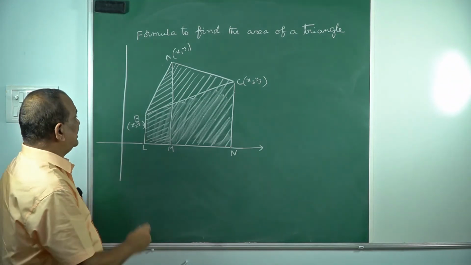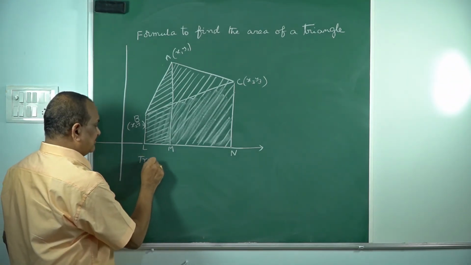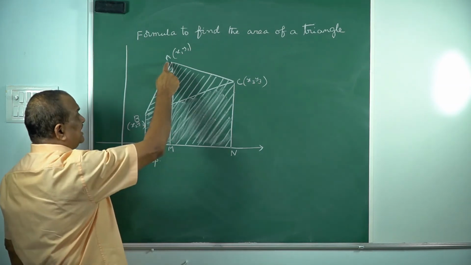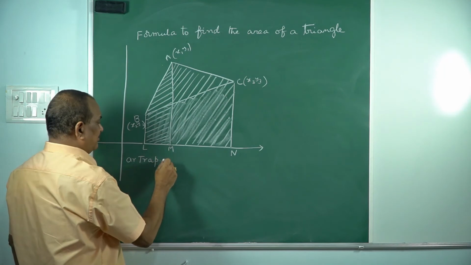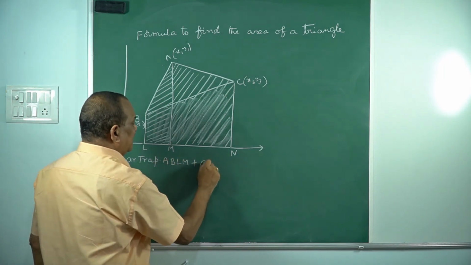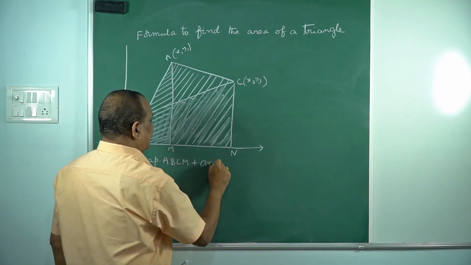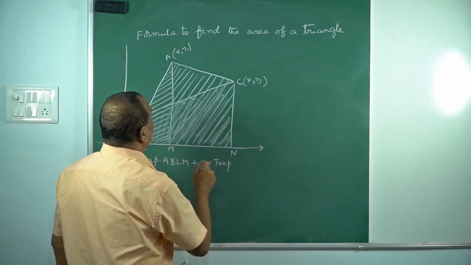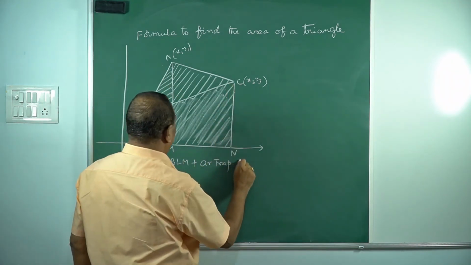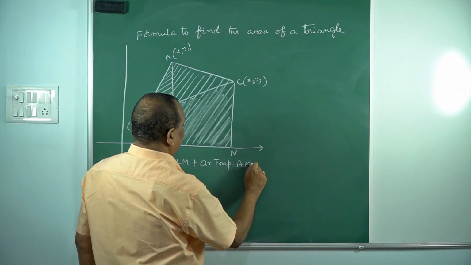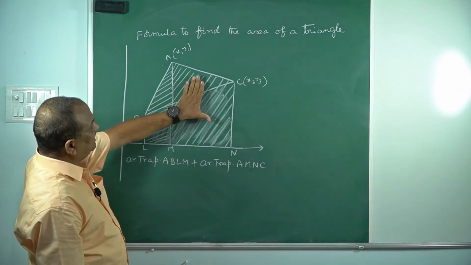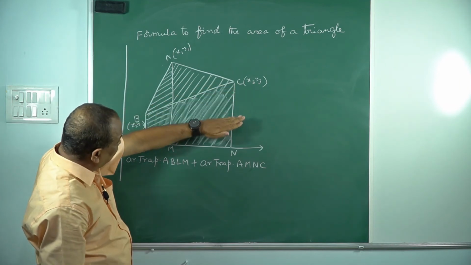Let us do that now. Area of trapezium. What is the first trapezium? A, B, L, M. Number 1. Area of trapezium A, M, N, C. We are adding this trapezium plus this trapezium, taking away this trapezium.